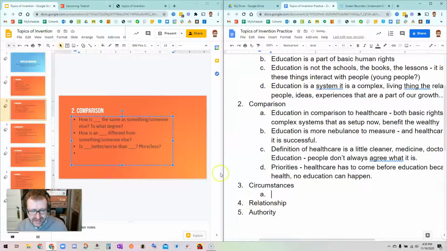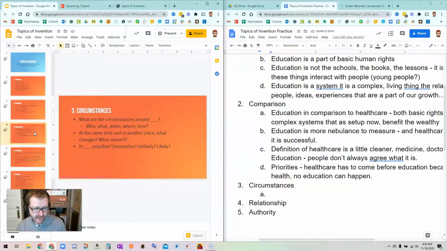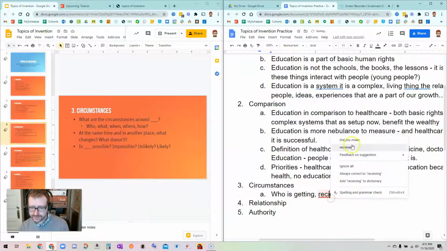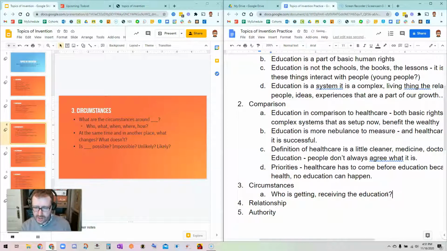So the next topic of invention, the next way of thinking about an idea, would be circumstances. So what are the circumstances around something? So when it comes to education, we might think circumstances around it is who is receiving the education. We might think about what are the educational lessons.